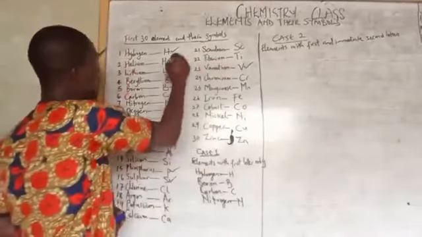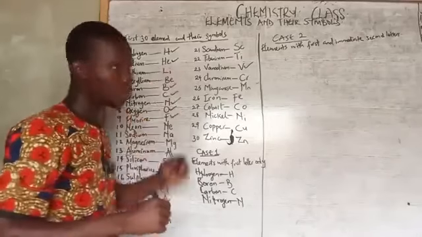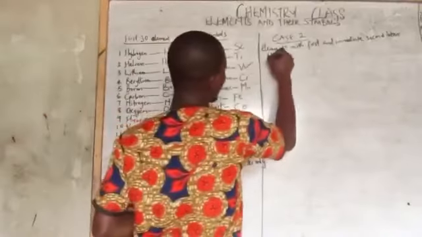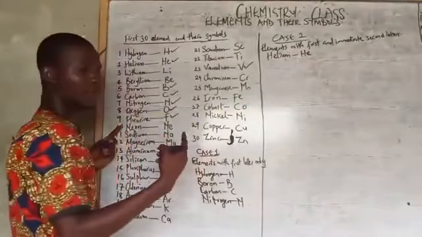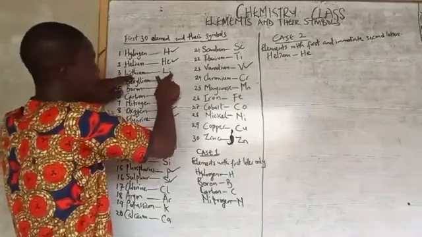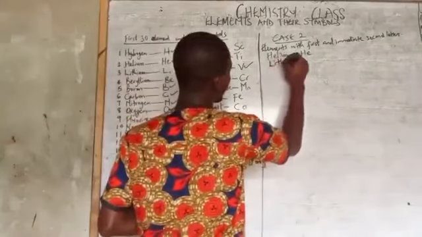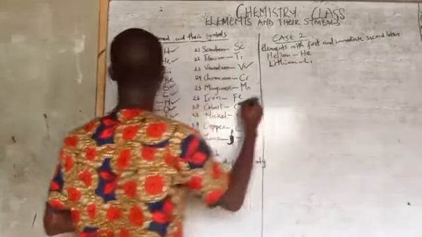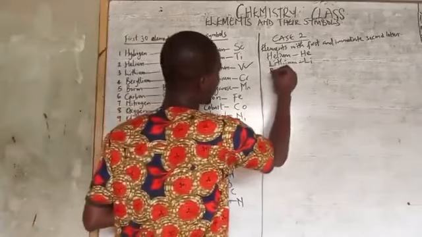We have helium. The first letter and the second letter, right in case 2. Which other elements? Lithium, Li. The first and the second that follows immediately. The next is beryllium, B and E. It's a very nice example.